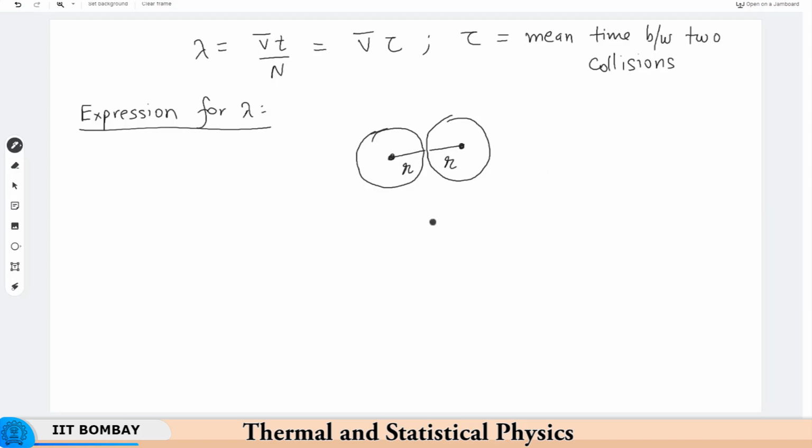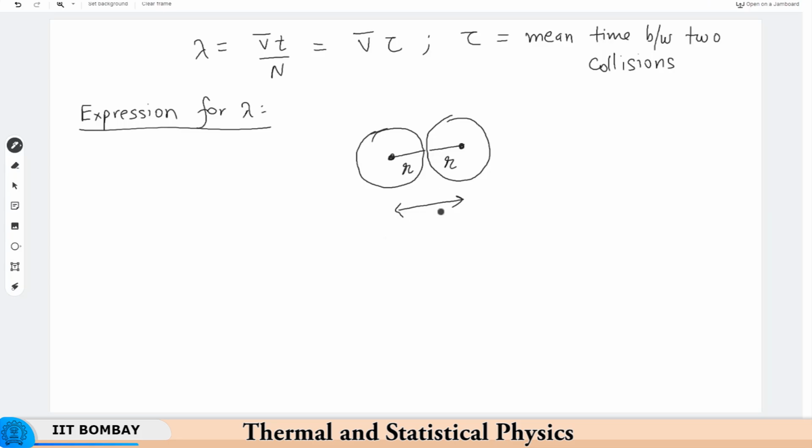If the centers of these gas molecules are closer than a distance of 2r, then they will undergo collision. You can imagine that if the distance between centers of two gas molecules is less than twice the radius, they will collide, otherwise they will not collide.